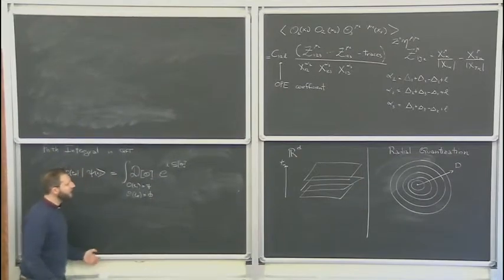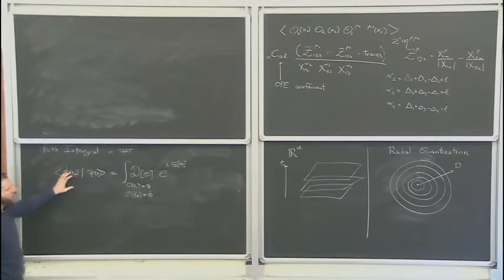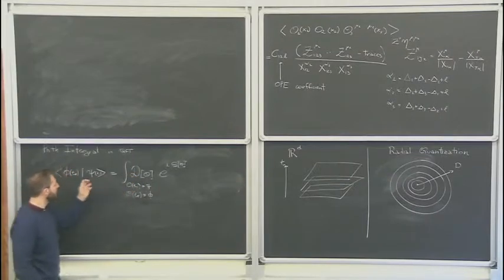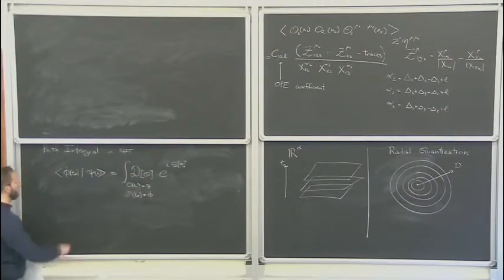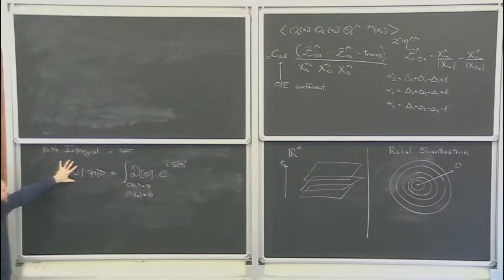Now, incidentally, you can use this object also to define states. Okay, so this is a probability, but if you basically strip off this part, you can define an evolved state. And how is this defined?